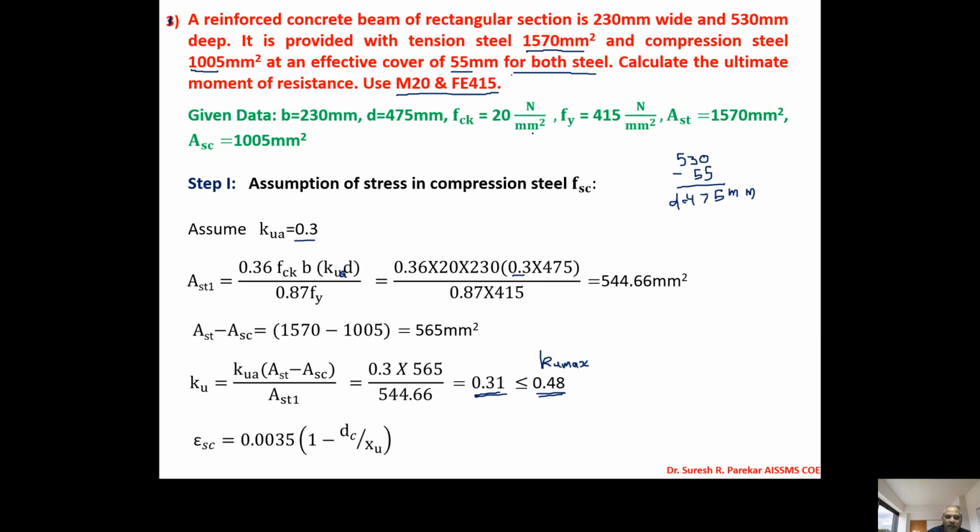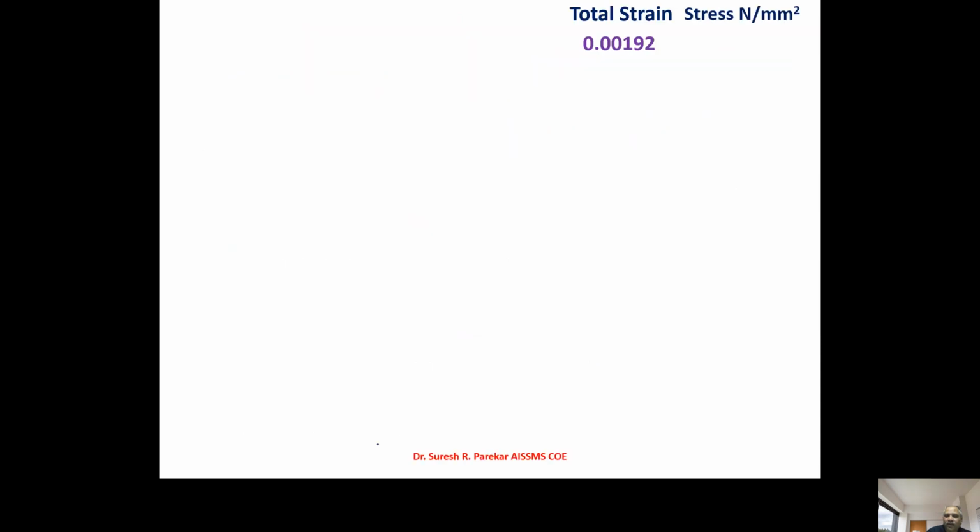And now we know epsilon SC. If we put XU as Ku into D, and substitute this value, we are going to get the value of epsilon SC as 0.00215. Now from this we have to calculate FSC. Now we have these values and our 0.00215 will be in between these two values.